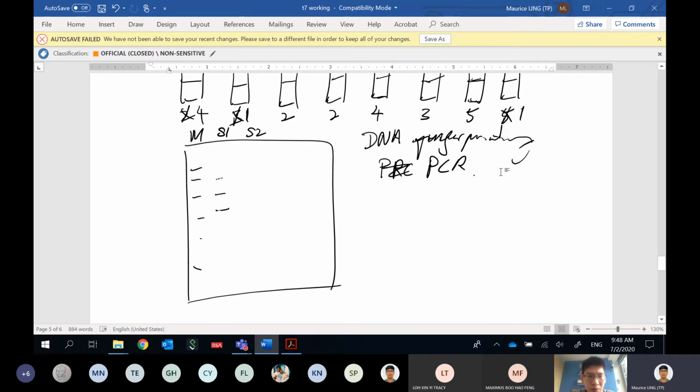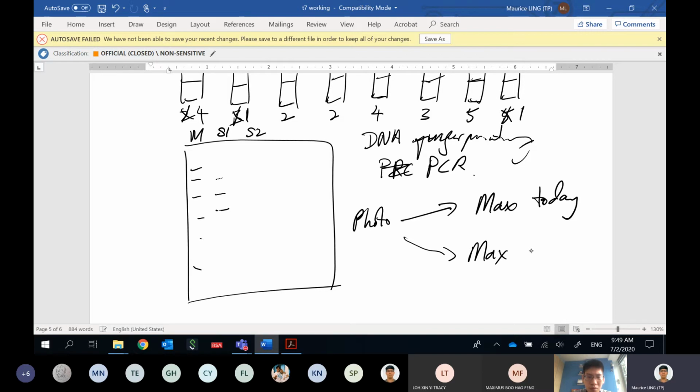So we actually take the same sample. Let's say I give Max this photo today and ask him to get me all the bands from sample 1. Five days later, I can give Max the same photo and ask him to do sample 1 again.